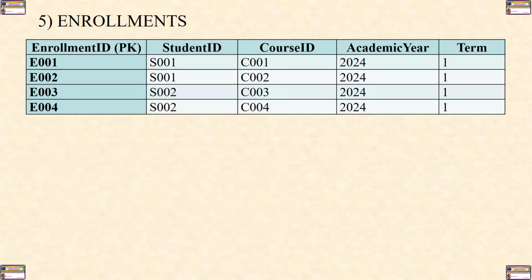And of course, we also have the student ID to show which student has been enrolled, and we have course ID to show which course the student has been enrolled into. So the enrollments table is purely showing the students who have been enrolled in our institution and the courses they have been enrolled to pursue.